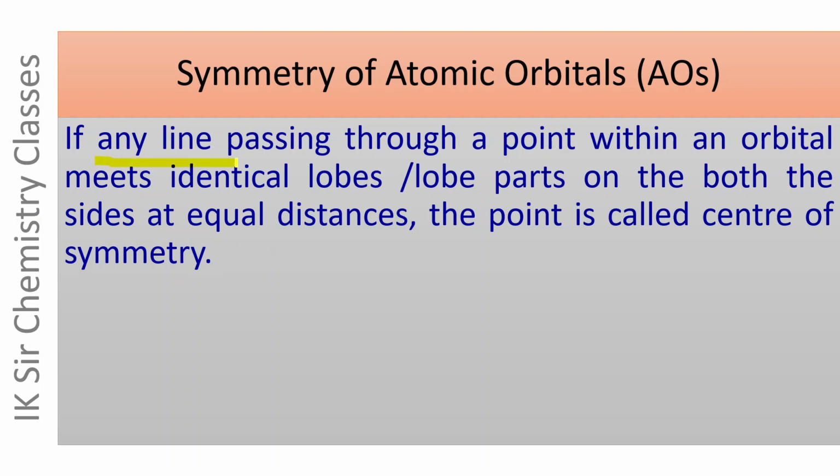If any line passing through a point within an orbital meets identical lobes or lobe parts on both the sides at equal distances, that point is called the center of symmetry, that is i.